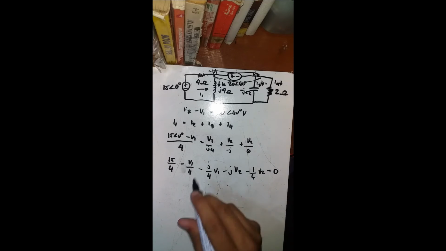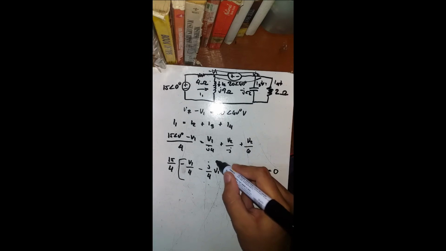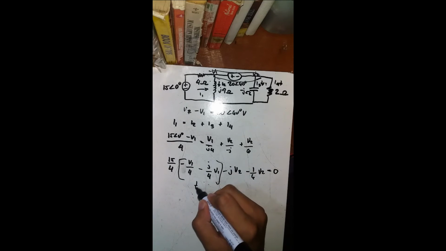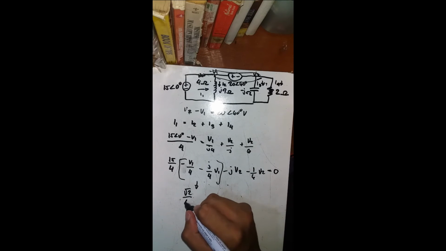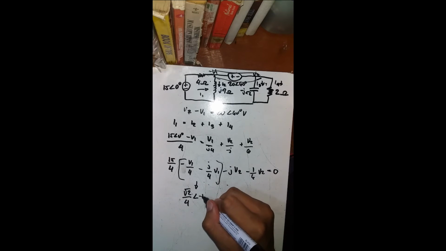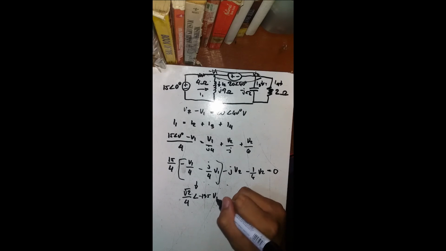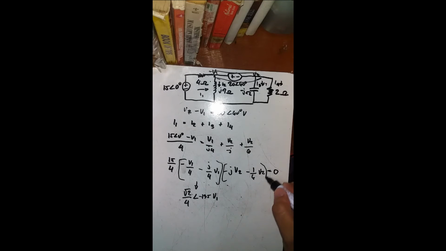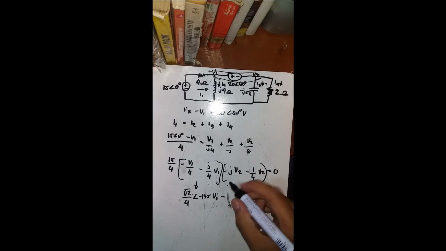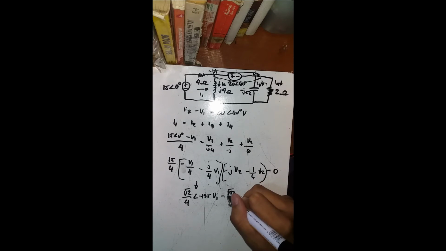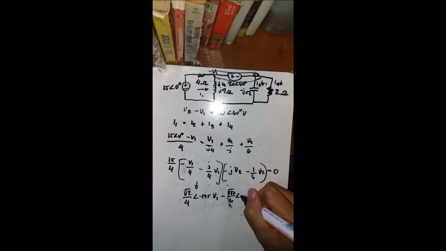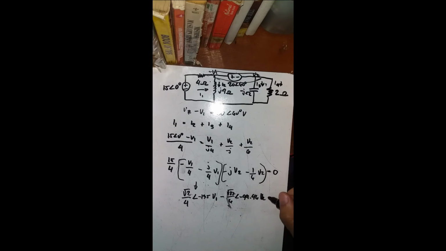The polar form for this is square root of 2 over 4 angle of negative 135 V1, minus square root of 37 over 6 angle negative 99.46 V2, equal to negative 15 over 4.